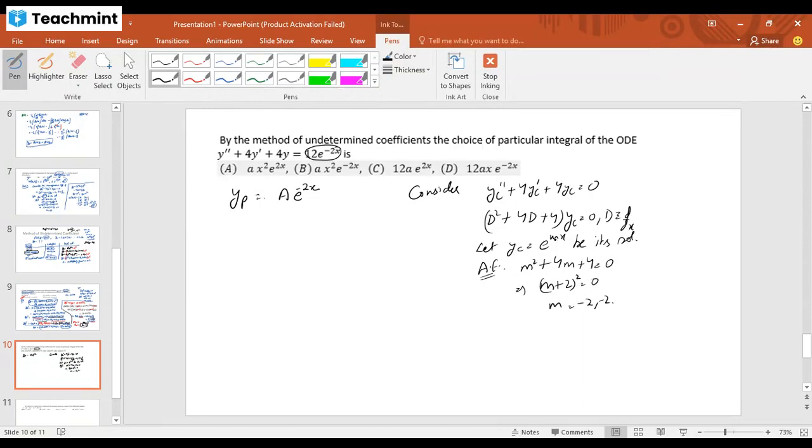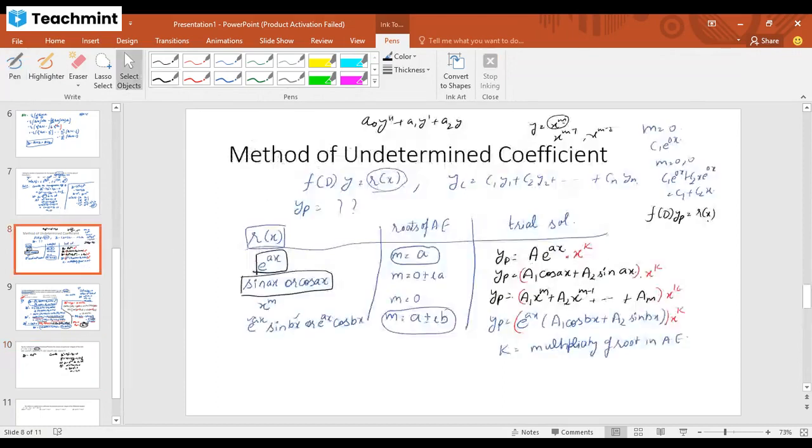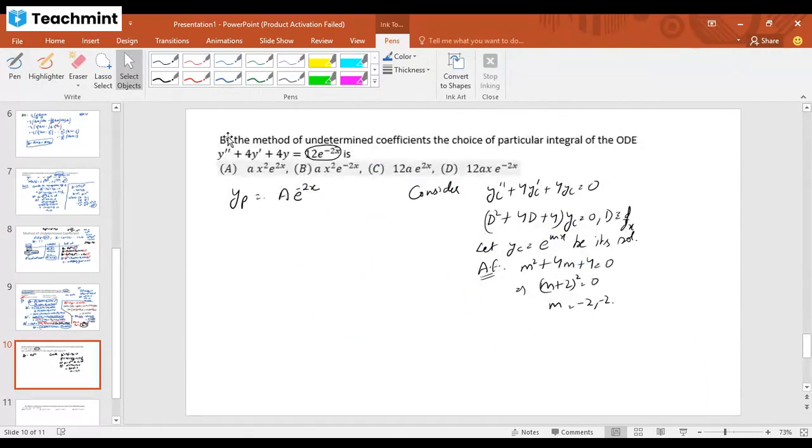And because we have chosen e raised to power mx as the solution, it means that e power minus 2x is the solution which appears 2 times. So in that case, what will happen? It states that we are going to multiply it with x power k if the root of the auxiliary equation is a. And what is k? K represents the multiplicity of this root in the auxiliary equation. So how many times does this root appear in the auxiliary equation?